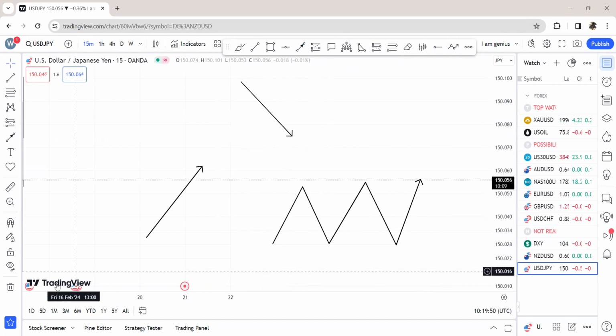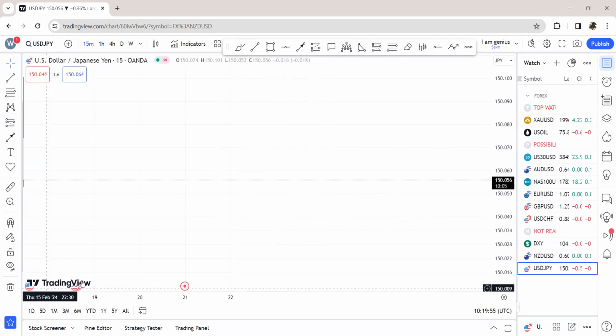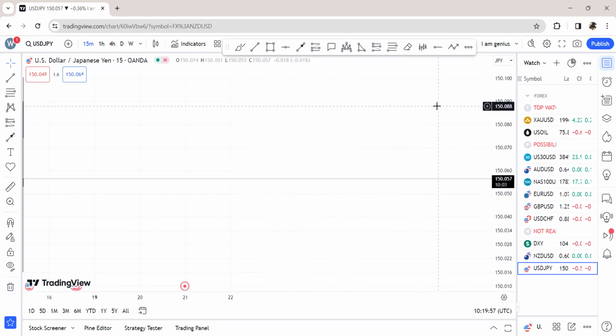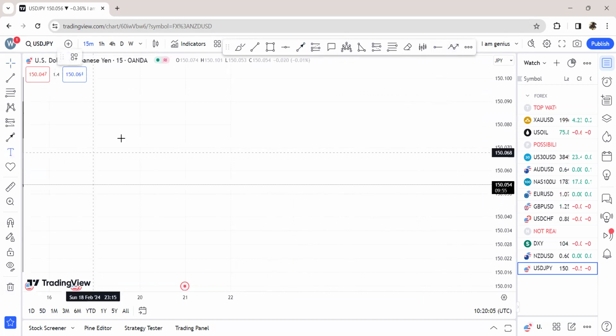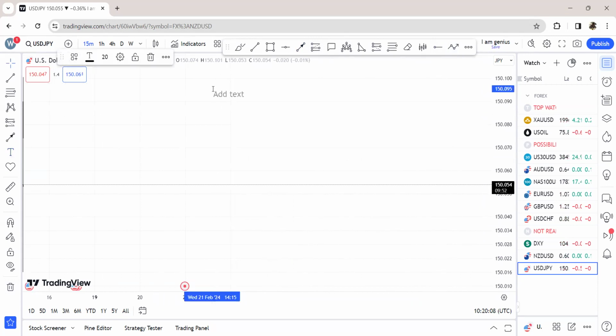So this is what we want to do. Let me just erase that. An uptrend doesn't just move straight like the way I had shown. Let me just put a title here.